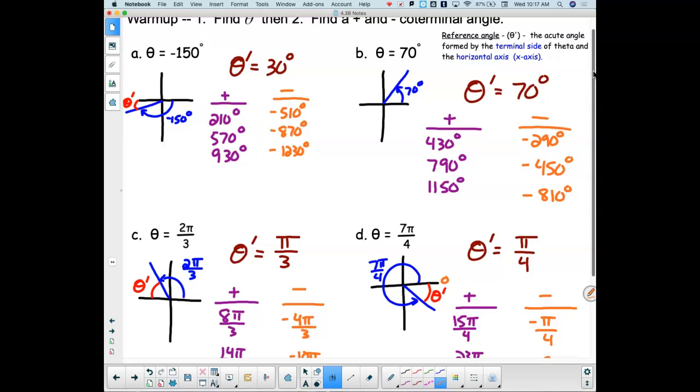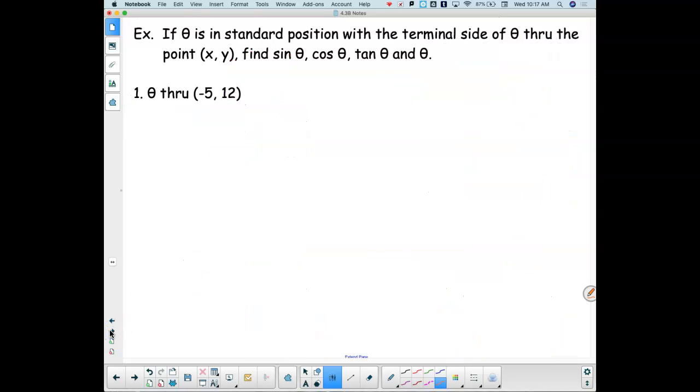And for me in D, 2 pi was 8 pi over 4. Okay? That comes in many different forms. All right, awesome.